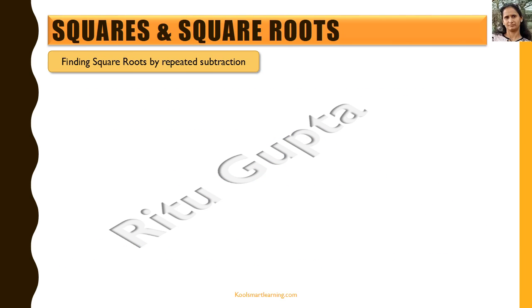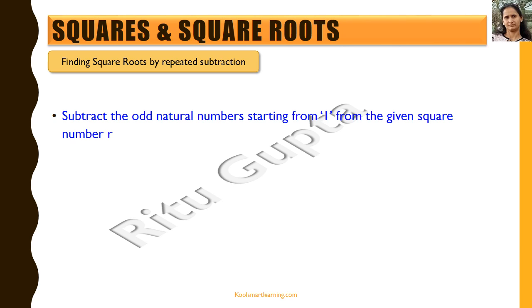Now let's see how to find the square root of a given square. We know that the square of a natural number n is equal to the sum of the first n odd natural numbers. So if we subtract the odd natural numbers starting from 1 from the given square until we get 0, we'll be able to find the square root of the given number.